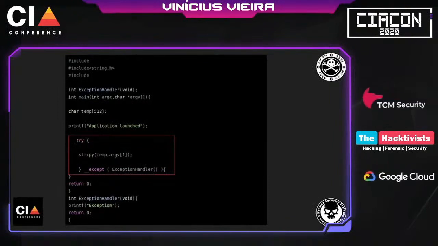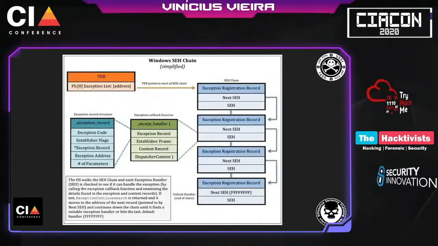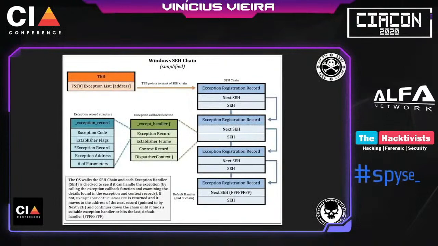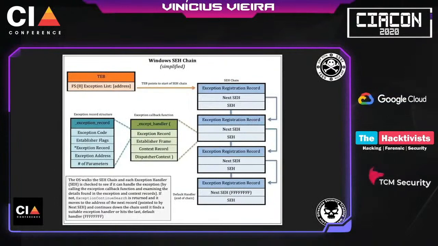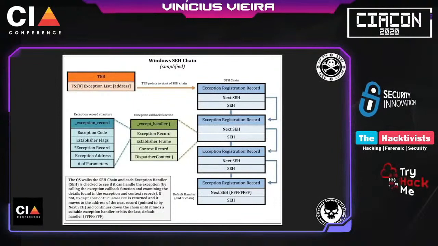For this POC, we will exploit the GMON command from VulnServer. At the top of the main data block of the application's main function, or TEB, thread environment block, or TIB, thread information block, a pointer to the top of the SEH chain is placed.